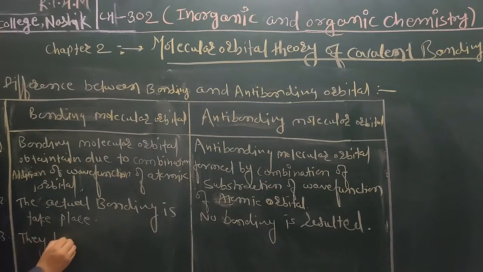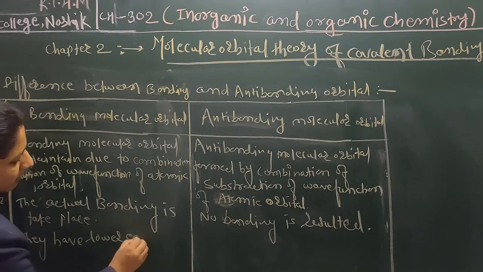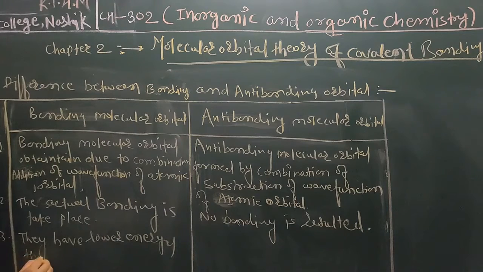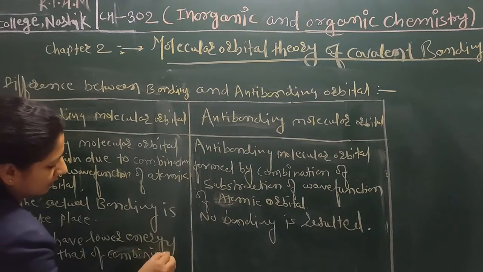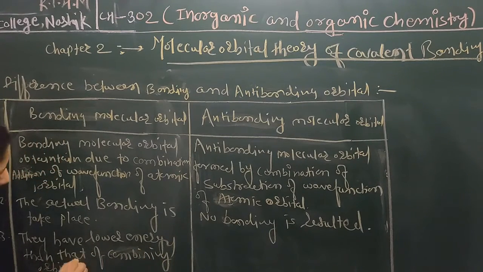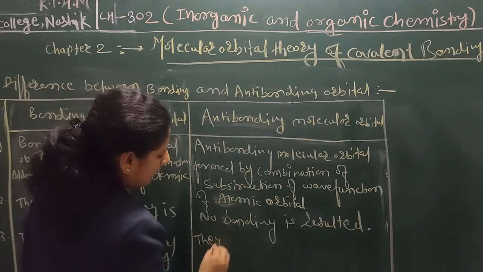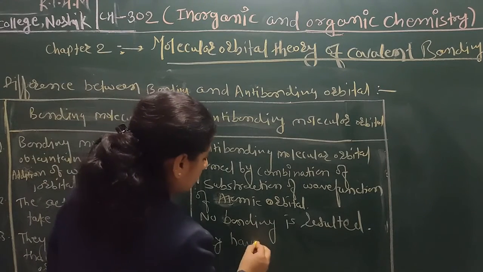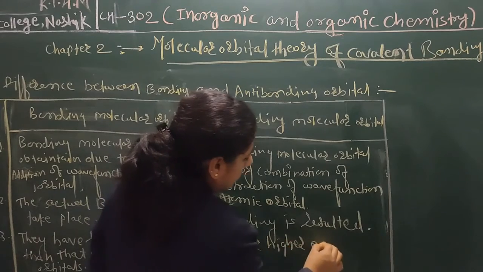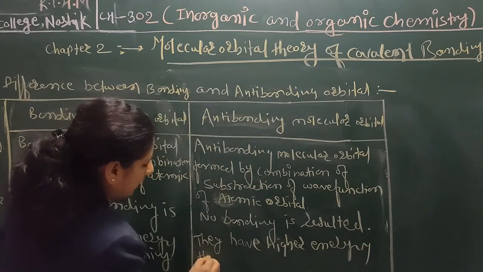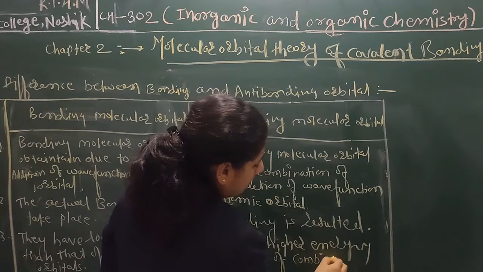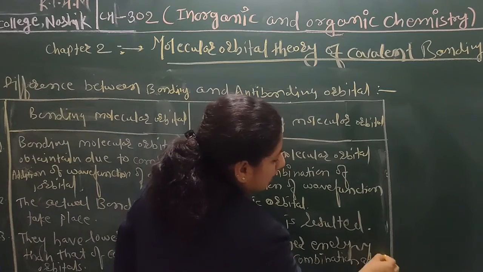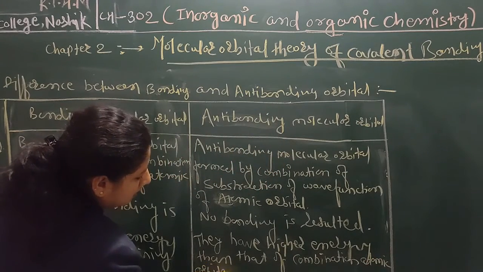Bonding orbitals have a lower energy than that of the combining atomic orbitals, whereas antibonding orbitals have a higher energy than that of the combination of atomic orbitals.